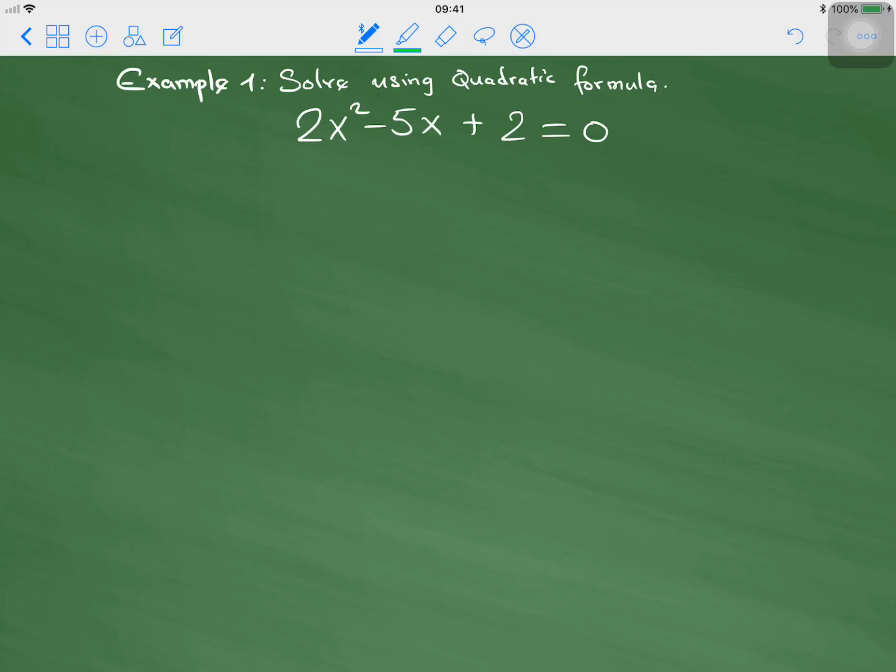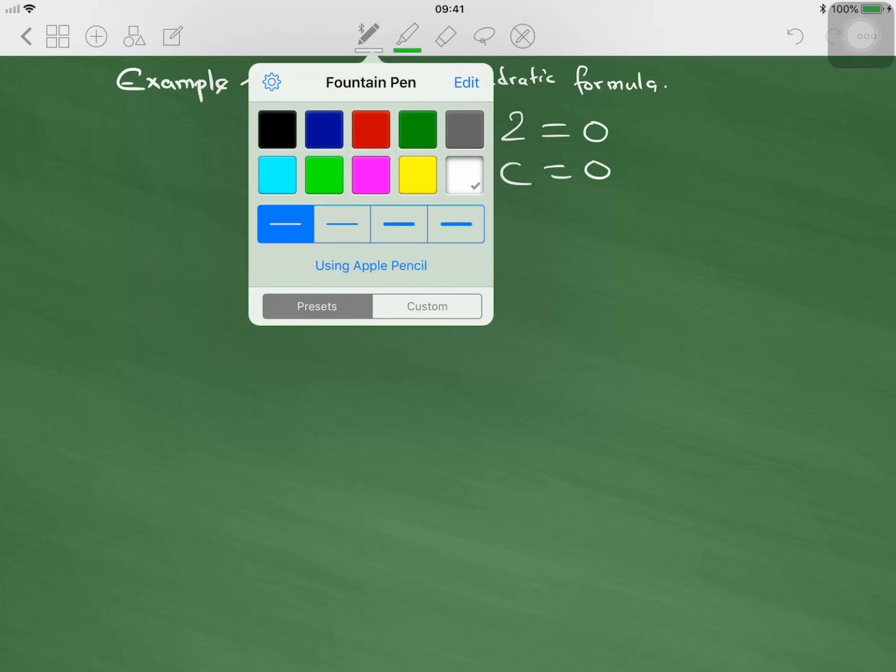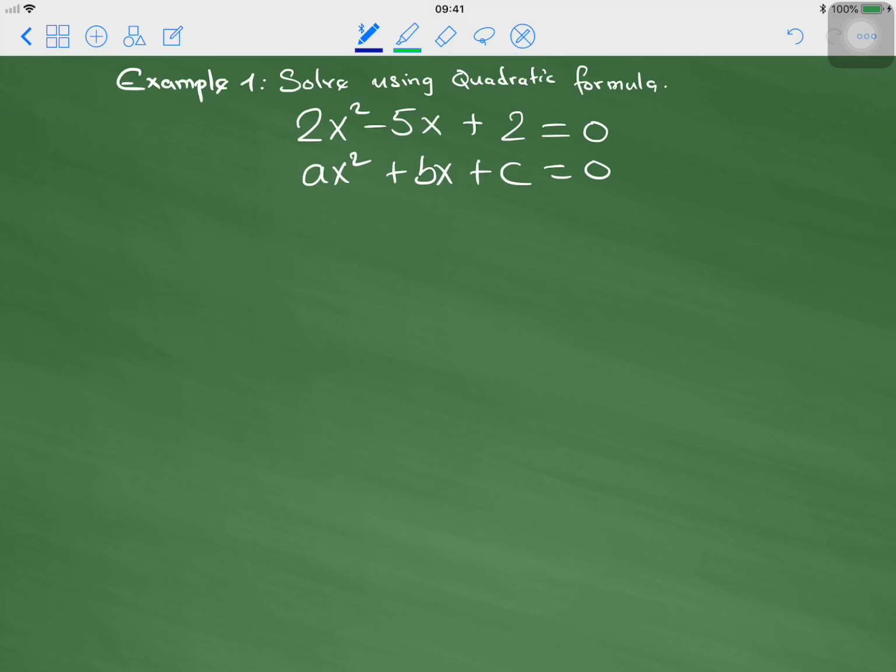We know that a quadratic equation is in the form ax squared plus bx plus c equals 0. So we can see that a is equal to 2, b is equal to minus 5, and c is equal to 2 as well.